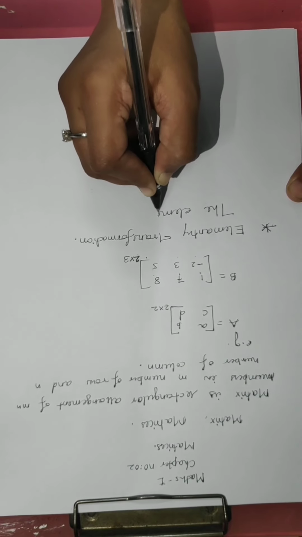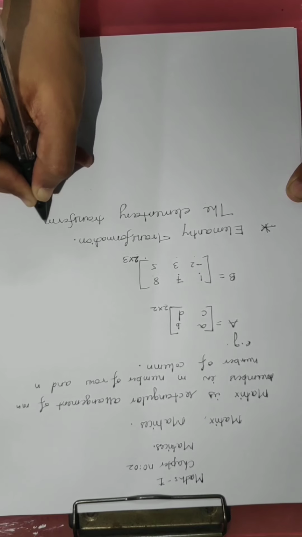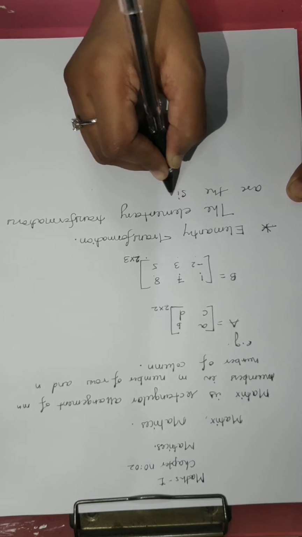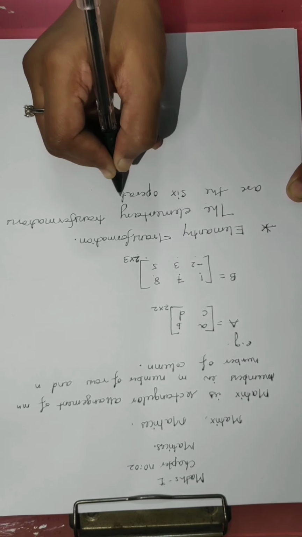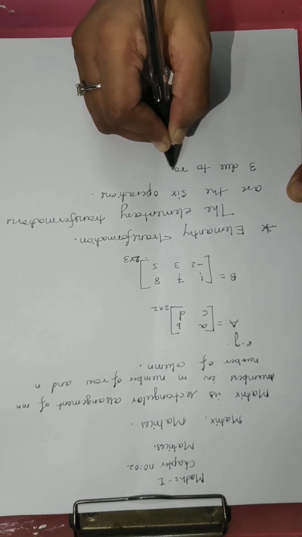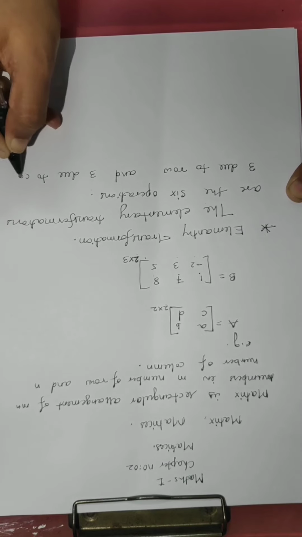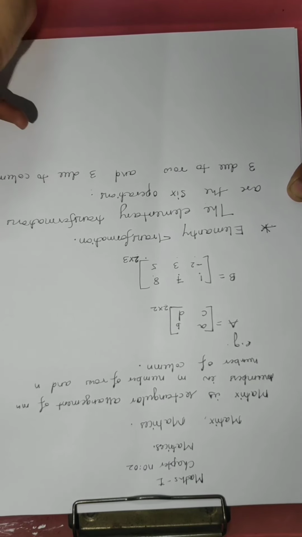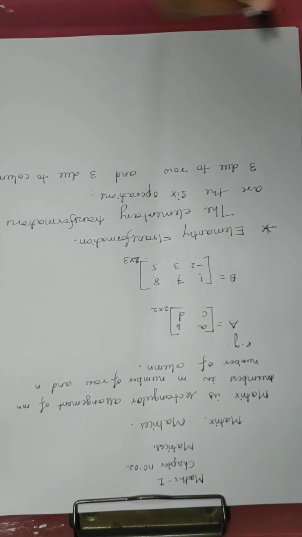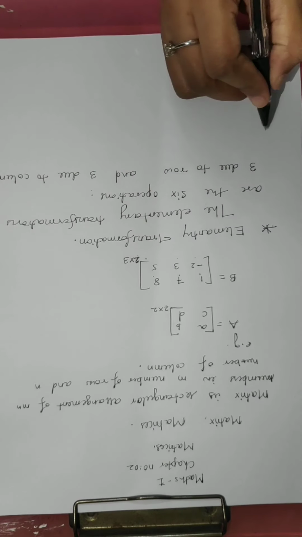Elementary transformations are the 6 operations, 3 due to row and 3 due to column. This elementary transformation is basically used to find the inverse of matrix. So elementary transformation has 6 operations, 3 due to row and 3 due to column.